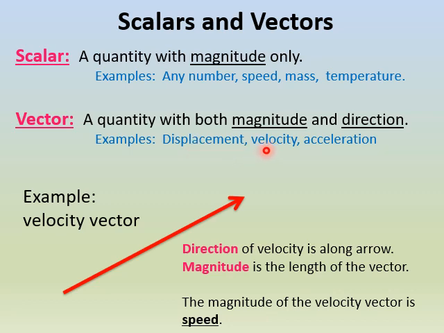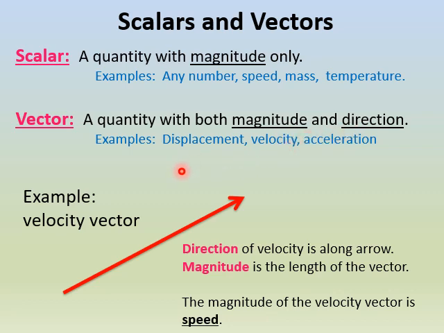Velocity is another example of a vector because velocity has a magnitude, which is the speed of the object, but velocity also tells us the direction of the object. In Chapter 2, we dealt with negative and positive velocities for directions. We also learned about acceleration. Acceleration is also a vector. So a vector is more complicated than a scalar quantity because it has more information embedded in it. It has to be described by at least two different numbers. It has to have a magnitude and a direction.